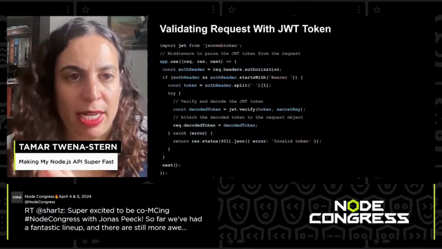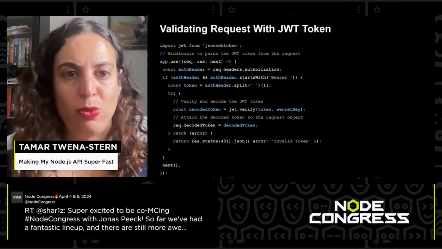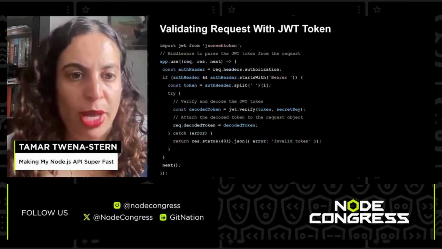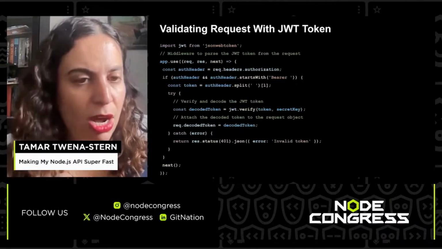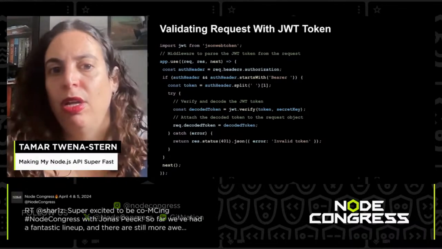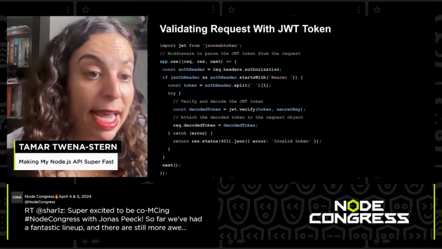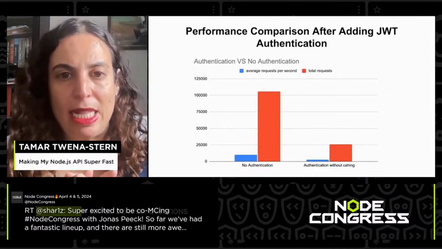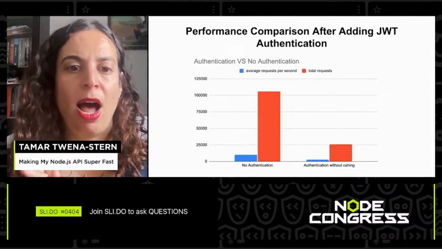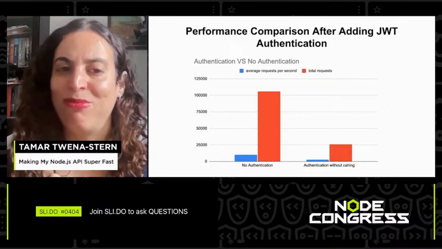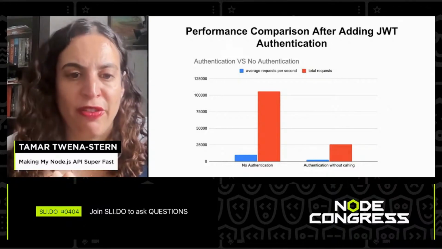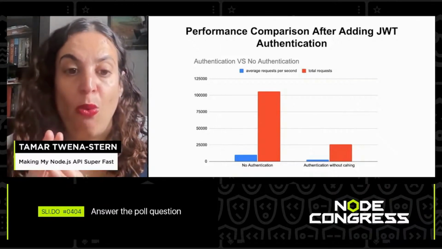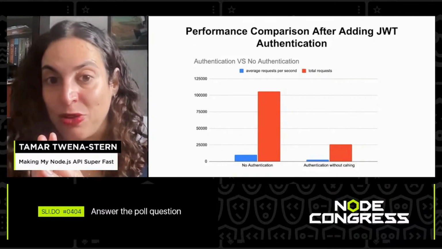That is the middleware that I added, and for every request I'm doing JWT verify for the token. The code is not really complicated here. That is the middleware that is used, and look what happened. From a situation where we're serving around 100,000 requests in total, we went to around 15,000.